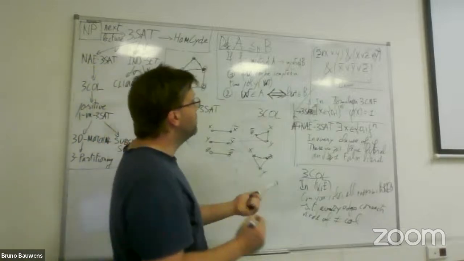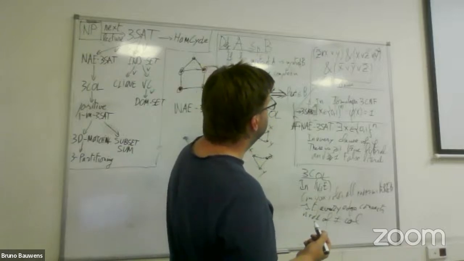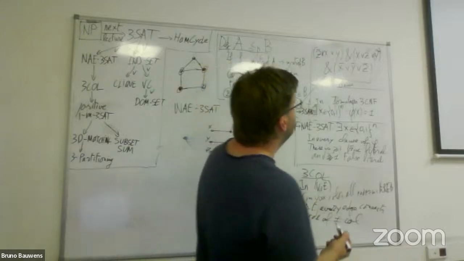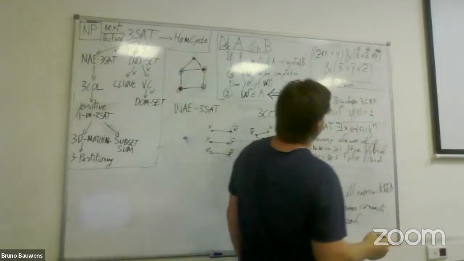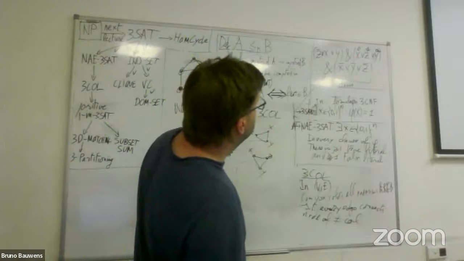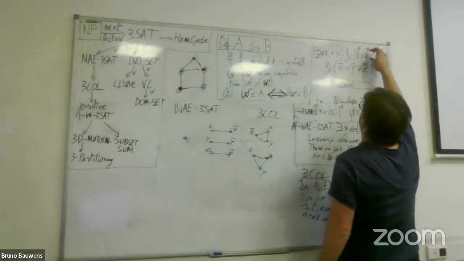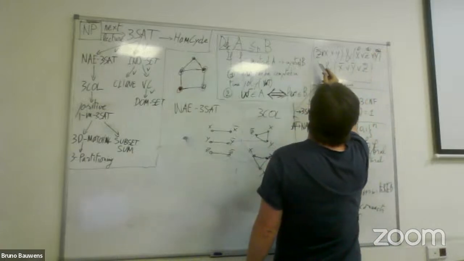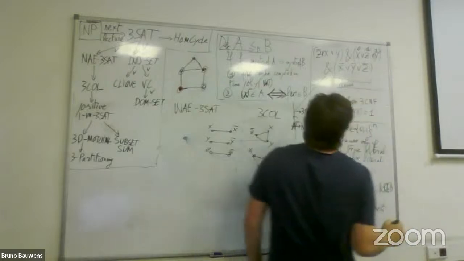For example, a not-all-equal assignment here is z equal 1 and x and y equal 0. Does it work? No, it doesn't work. y needs to be 1. That works, right?